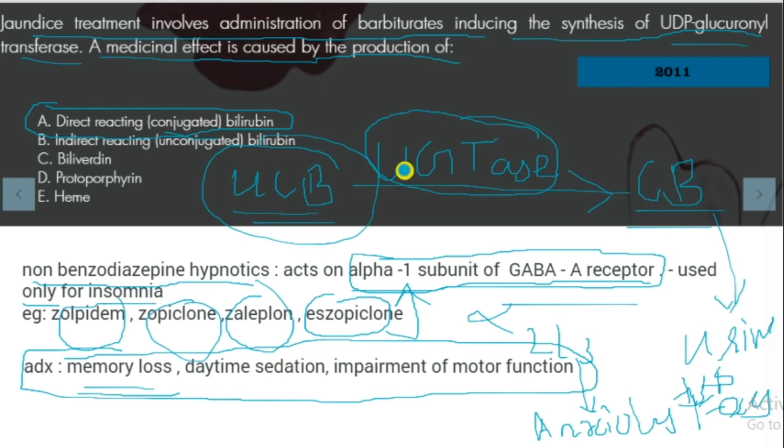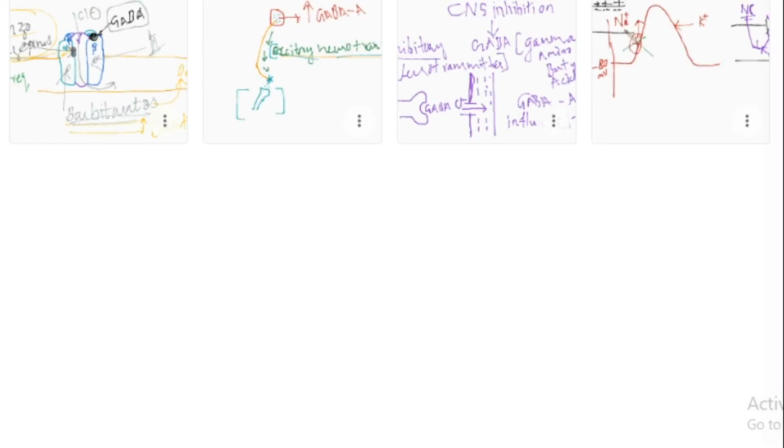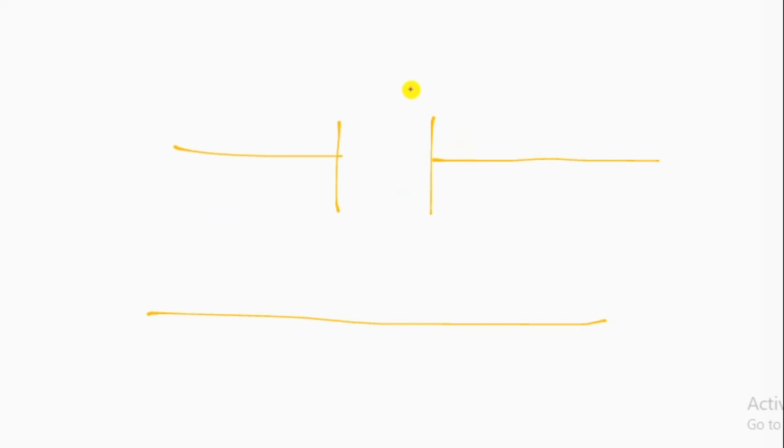What I mean is that zolpidem, don't confuse, acts on alpha 1 only. We have alpha 1 here, we have GABA here.